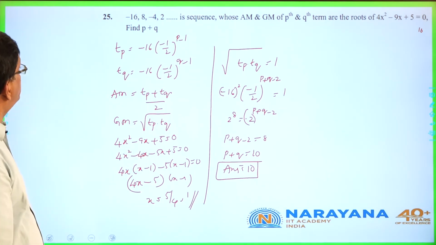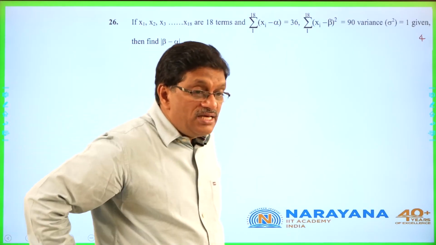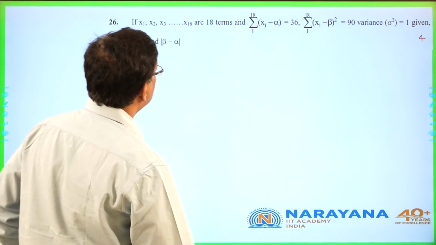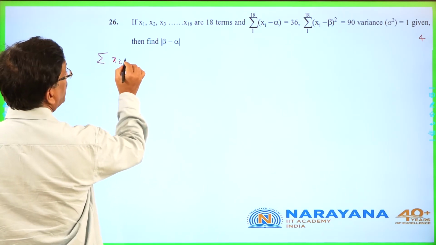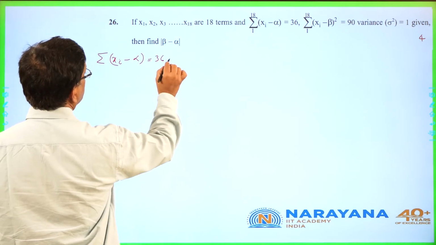Let us go to the next question, 26. This is also one lengthy problem from the statistics. Calculations are lengthy. So sigma xi minus alpha is equal to 36.